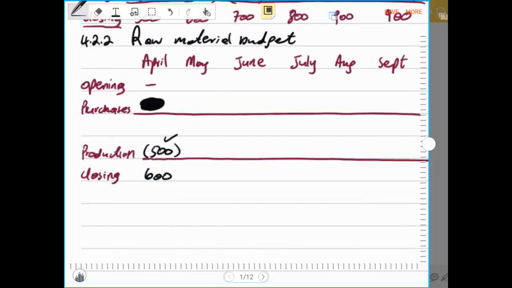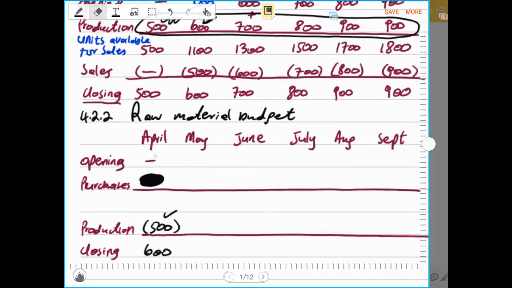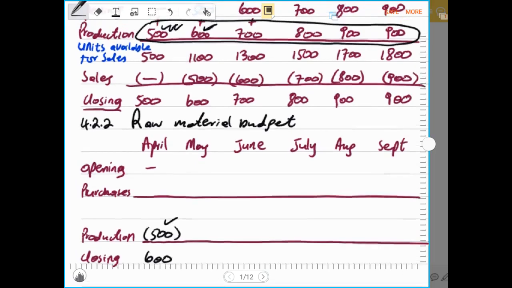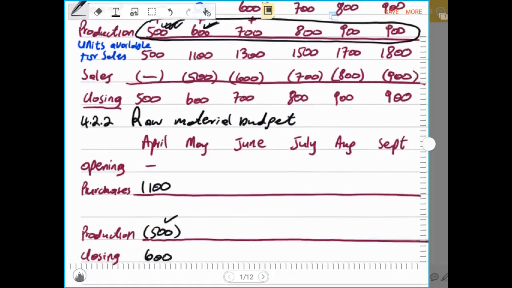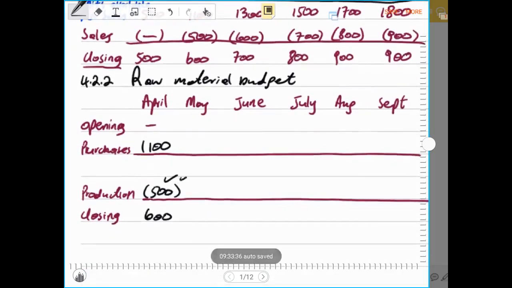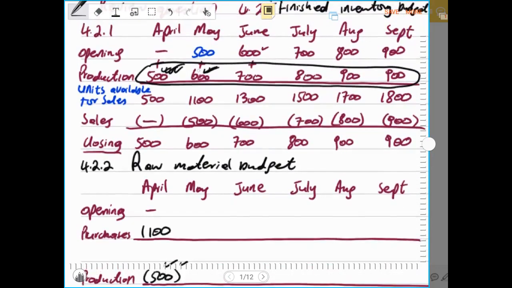So if we need to have 600 at the end of the month, then the question is how much should the purchases be if there's no opening balance. Obviously, purchases should be 500 plus 600, which will be 1,100, so that after we deduct the production of 500, what is left is equal to the next month's production, the next month's production being 600 units.